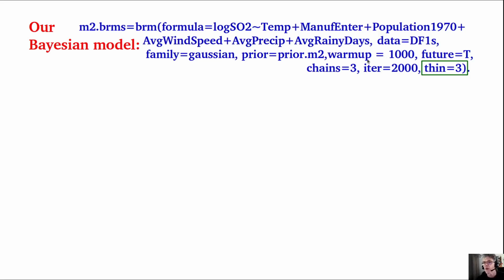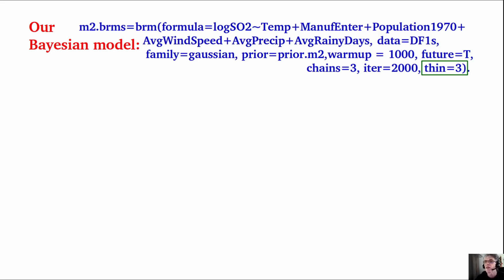We are going to use a warm-up of 1000 iterations that are going to be thrown away, and we are going to use a thin of 3, which means that the chains are going to retain only every third value explored.